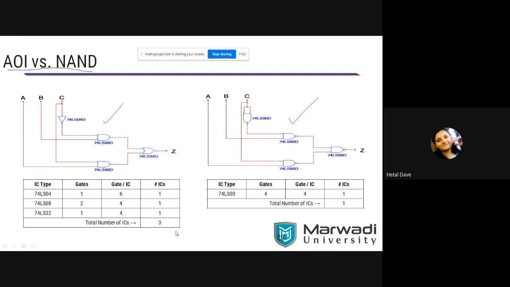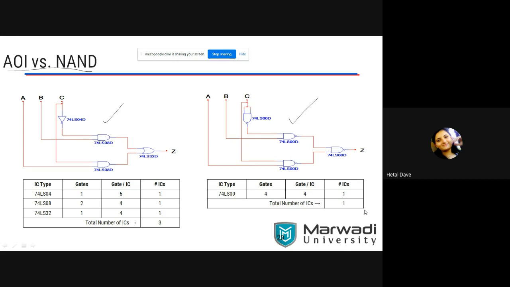Now look at the second table. How many NAND gates are used in this circuit? 4 NAND gates: this is one NAND gate, second, third, and fourth. Whenever you take 7400, how many gates are given in one IC? 4. How many are used here? 4.